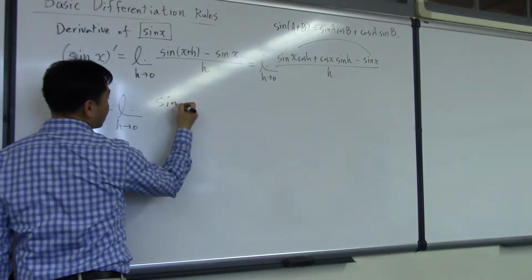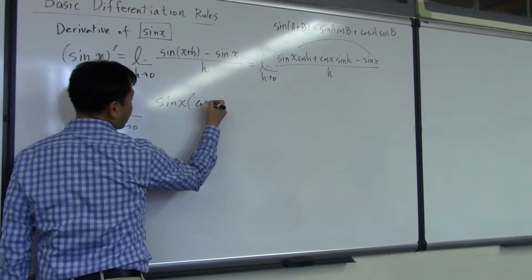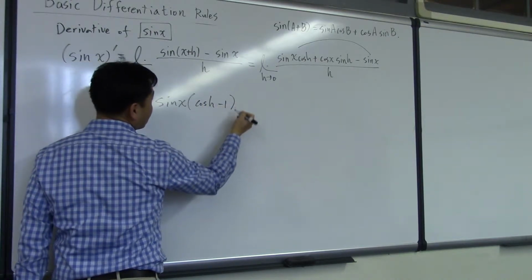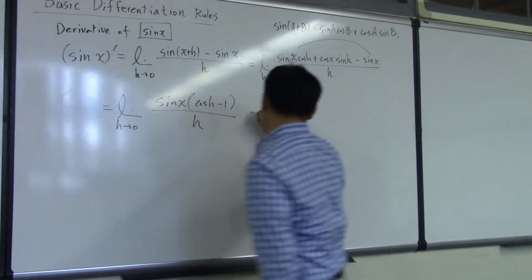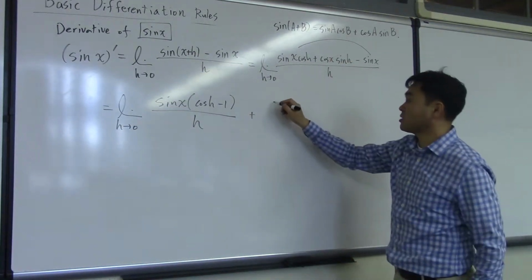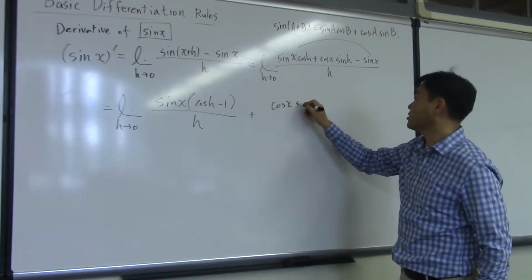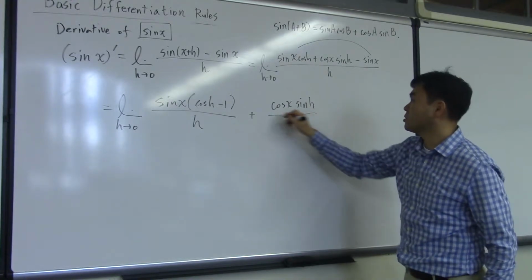So sine x is factored, and you get cosine h minus 1 divided by h. I'm going to split off this one as a separate term, cosine x sine h over h.